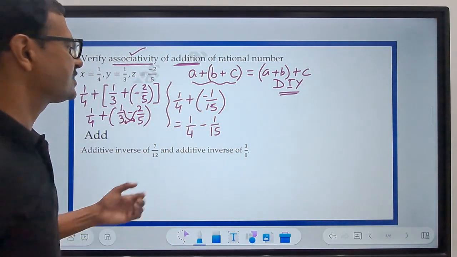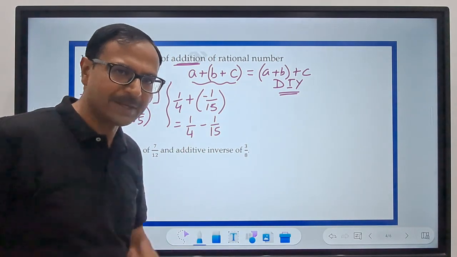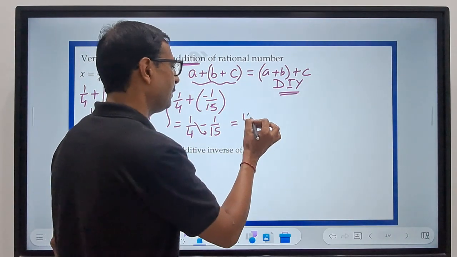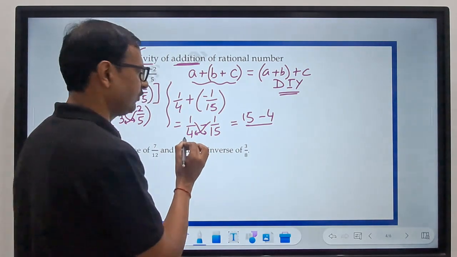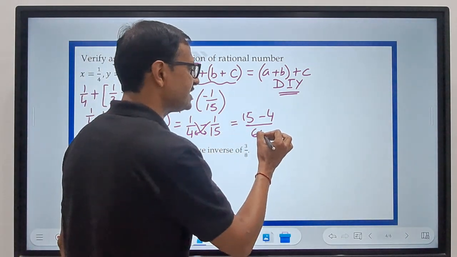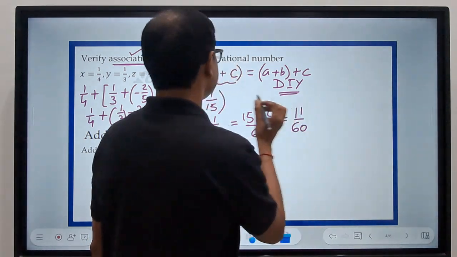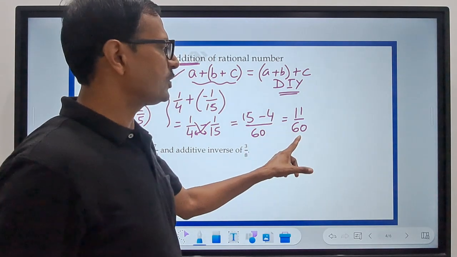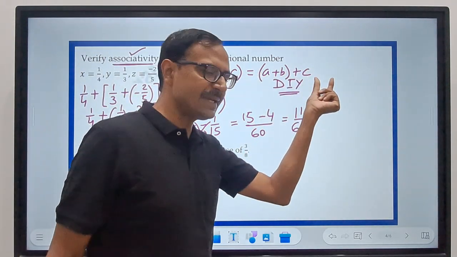Pretty easy now, because these are again co-prime numbers. 4 and 15 don't have a common factor between them, so you can again use the butterfly. This is 15 minus 4 upon 4, 15 times is 60, so this gives you 11 upon 60 as the left hand side of this part. Now I got 11 upon 60. You try it using A plus B first and then adding C to that.